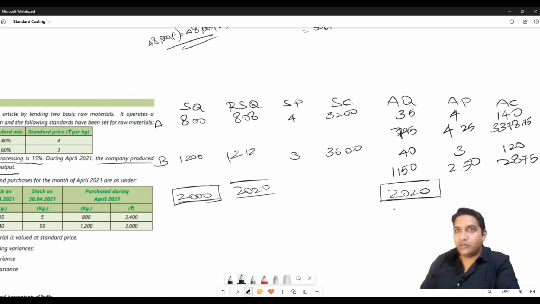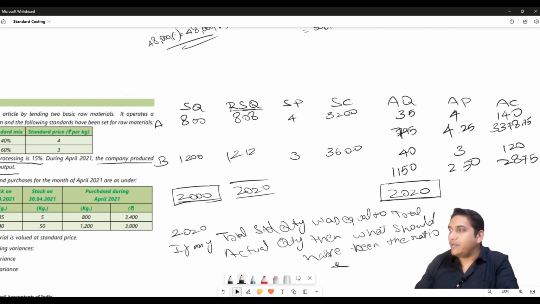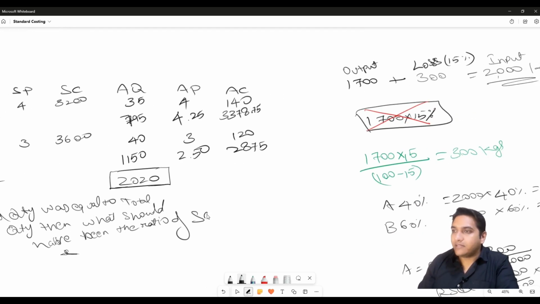Now what we compute under revised standard quantity is, if my total standard quantity was equal to total actual quantity, then what should have been the ratio of standard quantity of A and B, right?